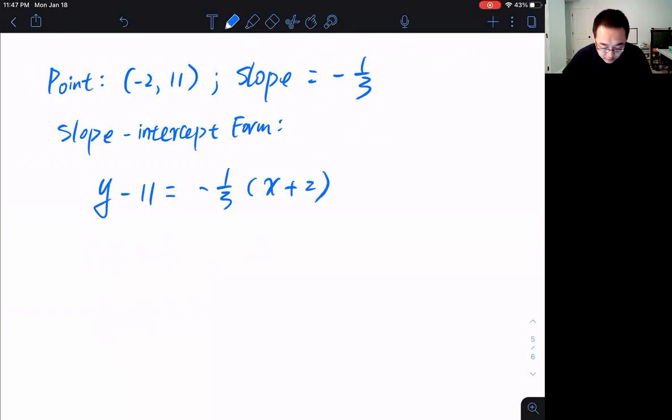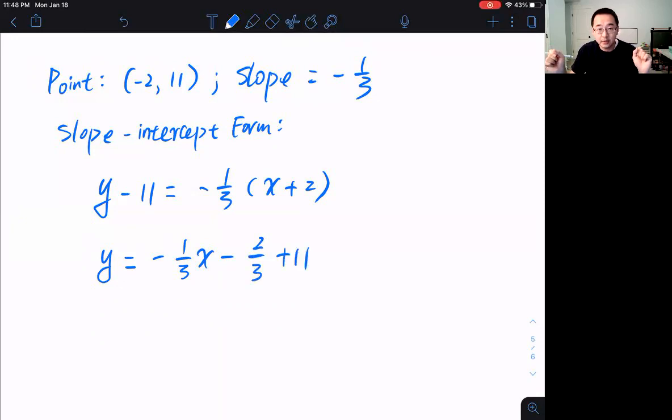Then to change it into the slope-intercept form, y equals -1/3 times x, plus, let's do the 11 at the end. Because it's -1/3 times 2, it's -2/3, plus 11, because I'm adding 11 to both sides, and the 11 on the left side cancels out since it's -11 plus 11. On the right-hand side, it's just plus 11.